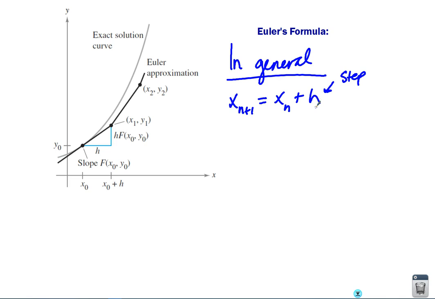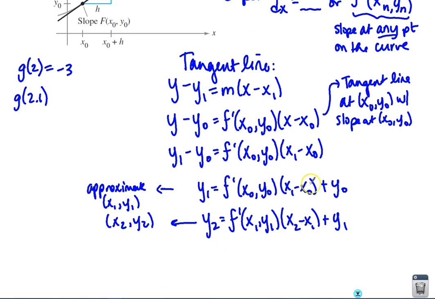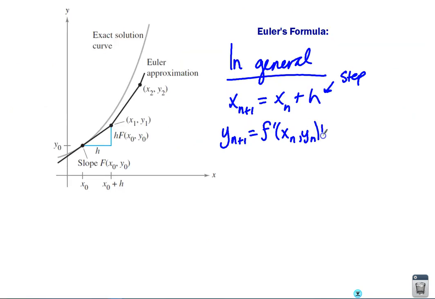I'm going to need to know what is y of n plus 1. y of n plus 1 is the slope at the previous point times that step in between. Now, I'm going to go back a page for a second. Okay, x1 minus x naught, this is h. That's the distance between the 2 points. So instead of saying x n plus 1 minus x n, or vice versa, I'm just going to say h, plus y of n.